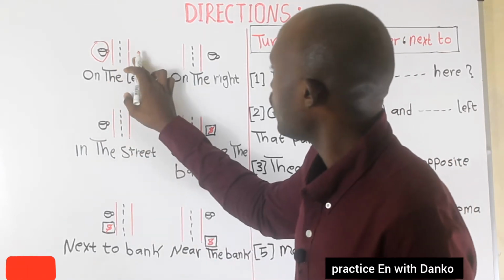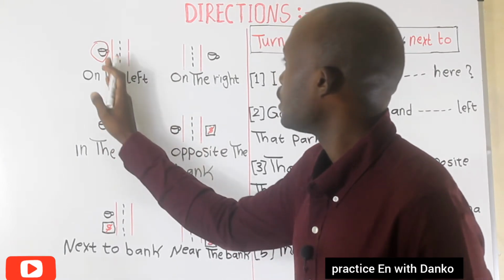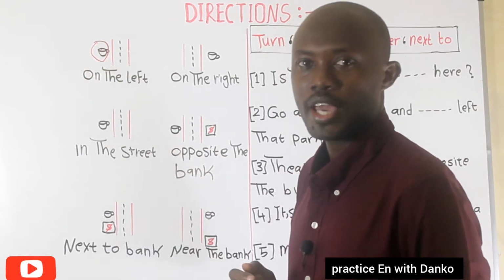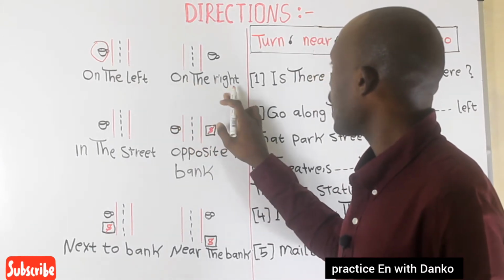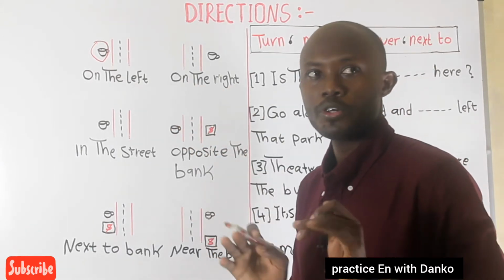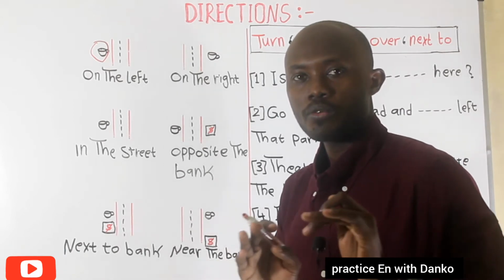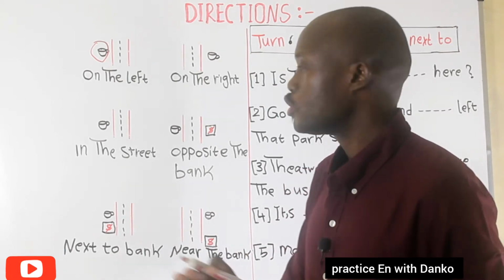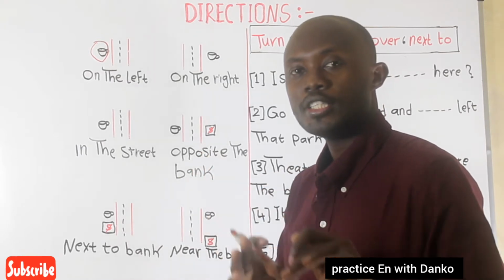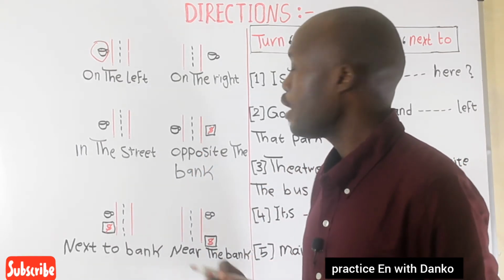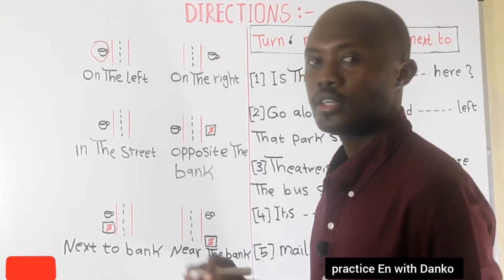This is King Street. The cafe is on the left. And here the cafe is on the right. So if the cafe is on the right of King Street, you have to say the cafe is on the right of King Street.